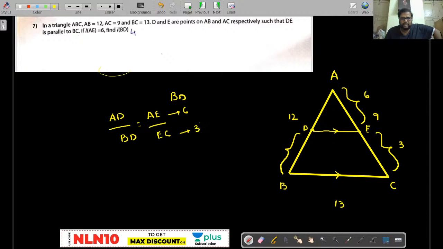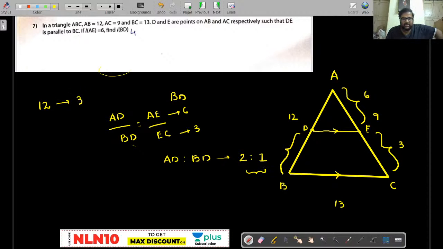EC is how much? 3. So AD is to BD can be written as how much? Can I write it as 2:1? Yes, very good. Now observe here, AD and BD when clubbed together make 12.